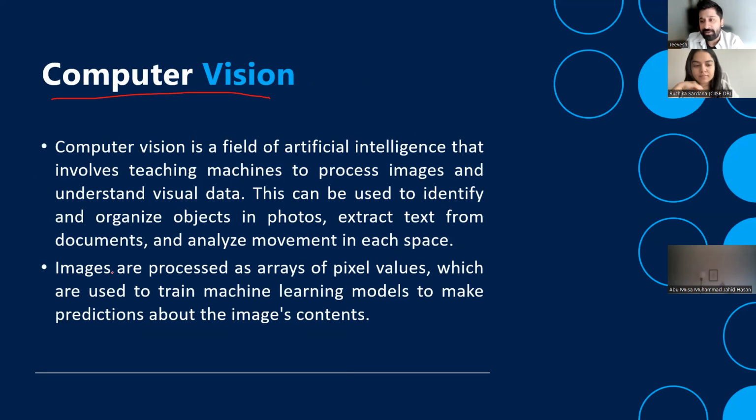So again, when you give your computer the capability to look at images and videos and make decisions on what the content is, what the character is, if a person is there, who the person is, and if it's some other thing. For example, I was giving an example of a phone. If it sees a phone, it will be able to recognize that, okay, this is a phone. If it sees, let's say, a car, it should be able to recognize it as a car. And since the practical is totally based on this, you'll get to know more as we look at it in a bit.